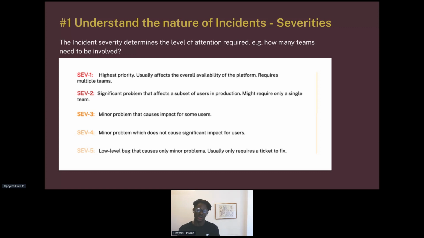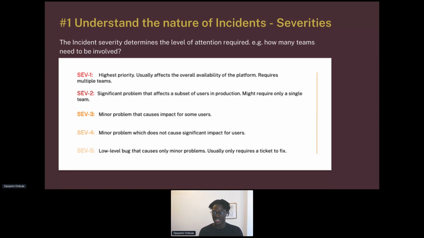Level 3 is a minor problem, but it causes impact for some users. An example of this is customers or users in a specific region having elevated errors or degraded throughput. So that's what level 3 is. Level 4 is minor and doesn't really cause impact for users.